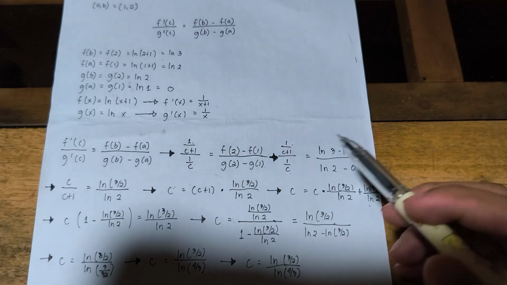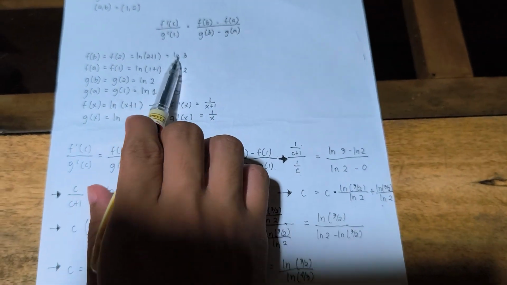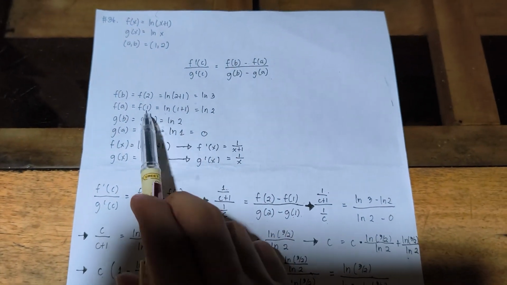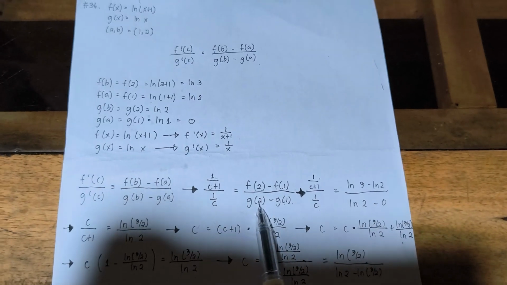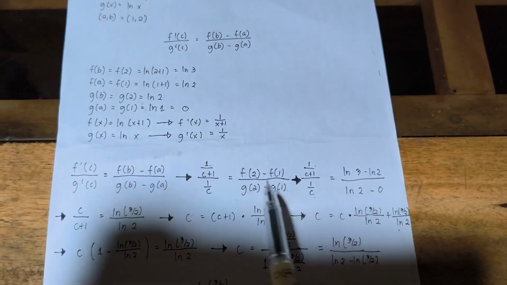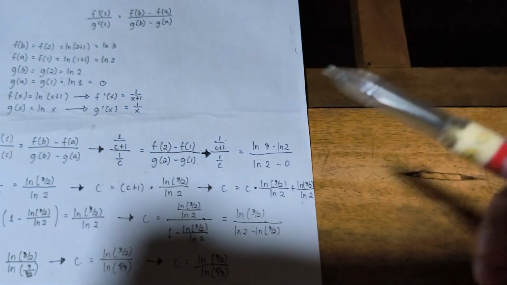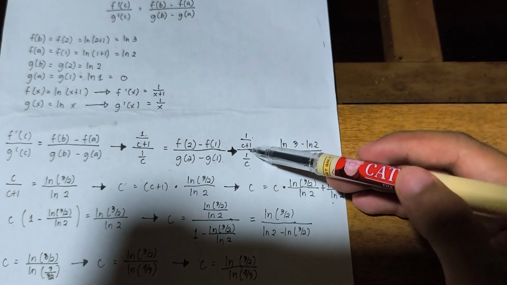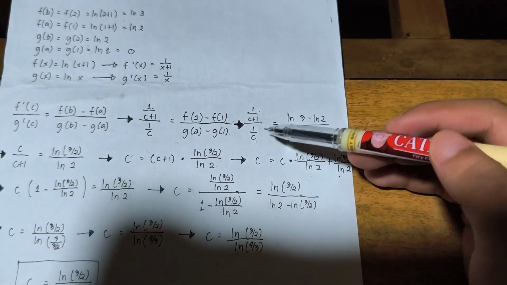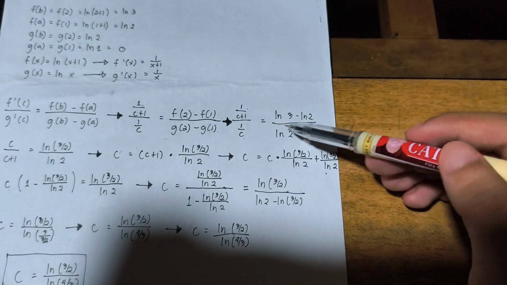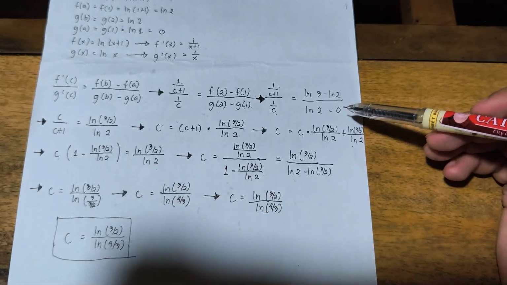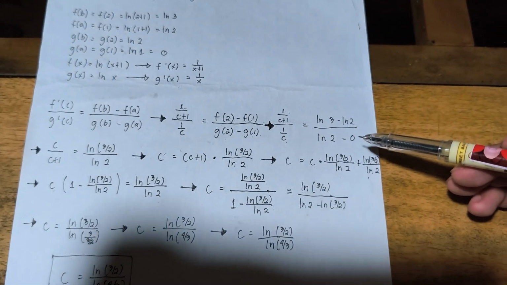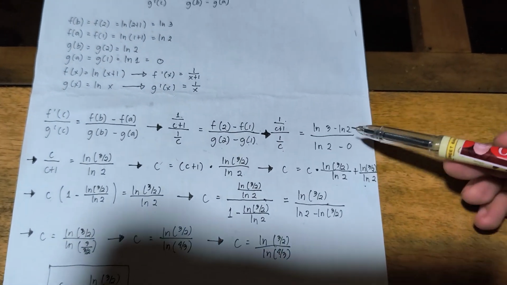Then we substitute again. So we have f of 2 is equal to ln 3, f of 1 is ln 2, g of 2 is ln 2, and g of 1 is 0. So it becomes 1 over c plus 1 divided by 1 over c is equal to ln 3 minus ln 2 over ln 2 minus 0. The next is we divide the two fractions and subtract.